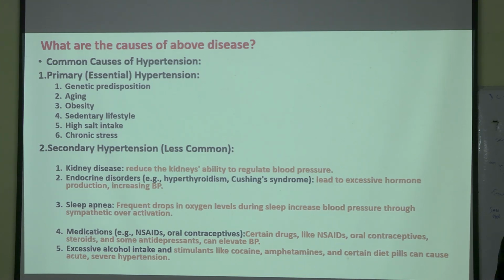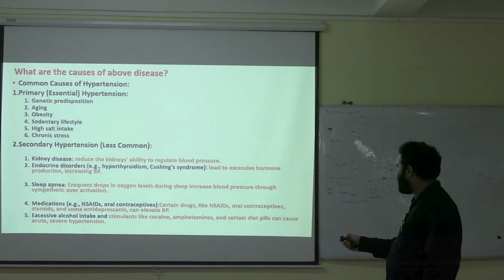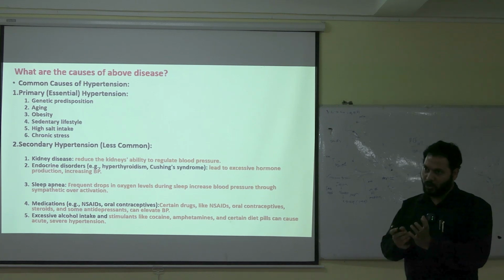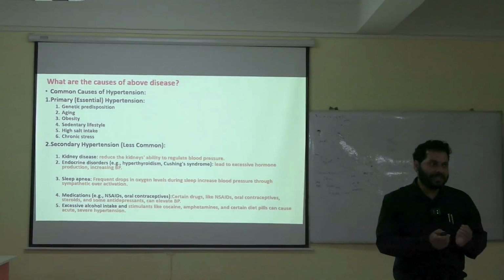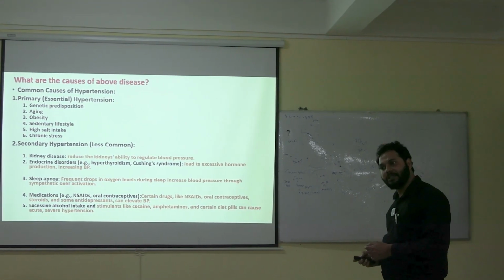So these elevations of blood pressure lead to the development of hypertension. Now it means, according to the question asked here, we can summarize the most important causes for the development of both essential hypertension as well as secondary hypertension.